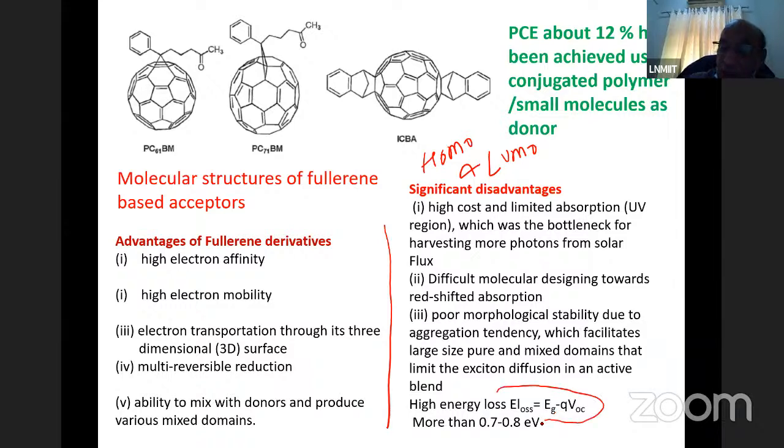Energy loss in this case is in the range of 0.7 to 0.8 electron volt, which is a drawback for getting high voltage, because the open circuit voltage will reduce. So we have to optimize the energy loss or voltage loss in a solar cell so that we can increase the efficiency and the open circuit voltage.